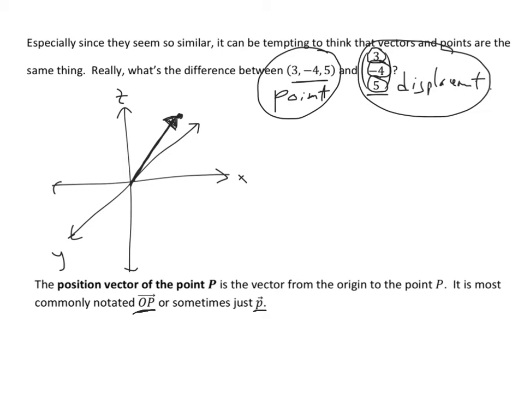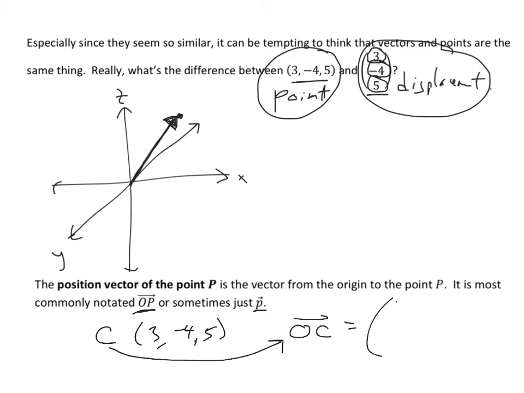So for instance, this point that we had up here, if we had said that the point C was 3, negative 4, 5, you could say that the position vector for C, which is called OC, would be the vector 3, negative 4, 5.